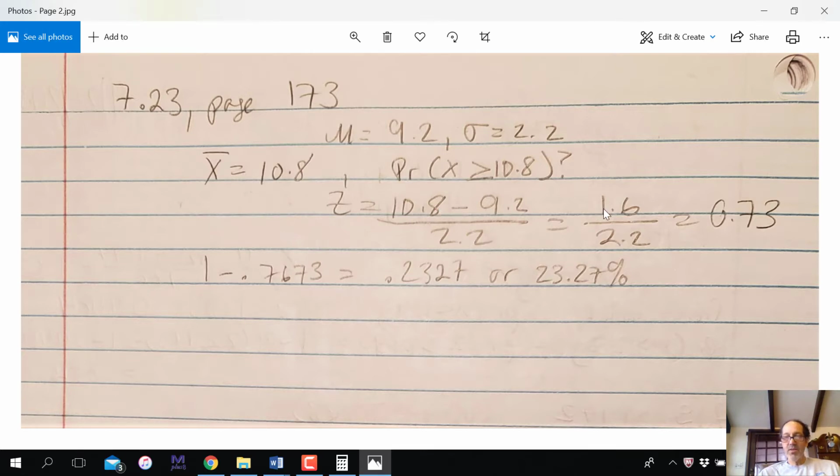We get 1.6 divided by 2.2, so we get a z-score of 0.73. Again, it's above 0.5, so it's going to be positive. Let's look back in the table again, back to appendix B, and we're looking for a z value of 0.73.